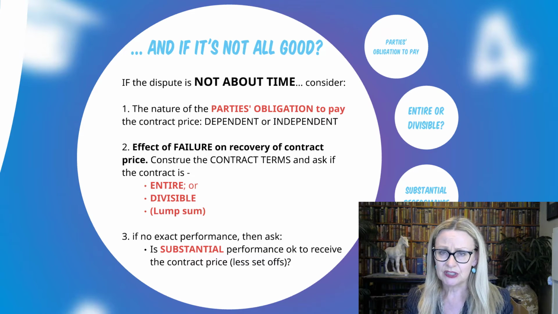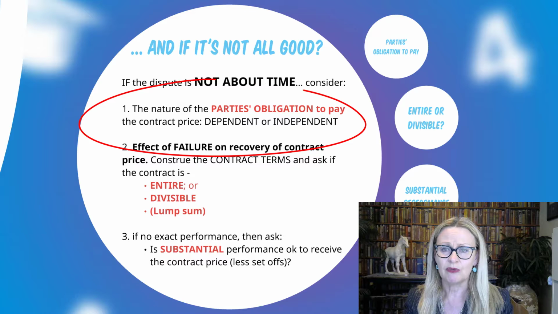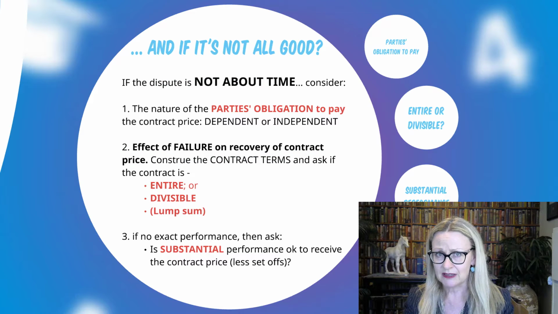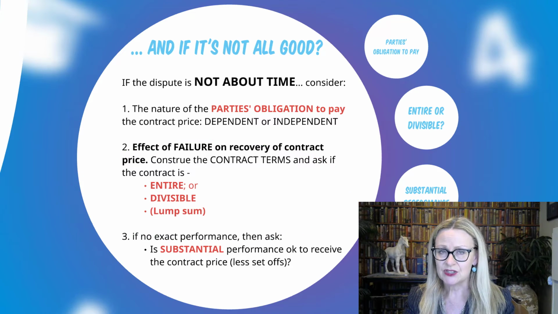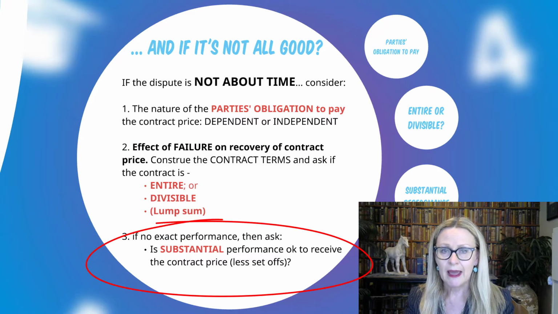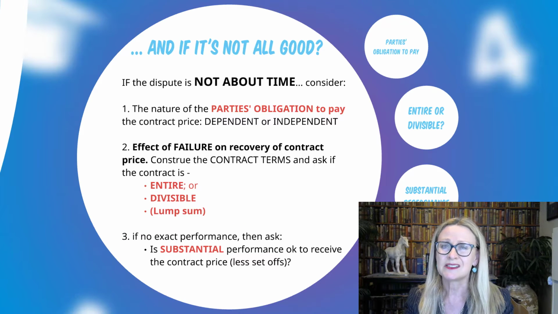The first thing that you need to look at is the nature of the party's obligation to pay. The next thing you need to look at is the contract itself. The last thing you need to look at is how exactly the party has performed and whether it might be substantial enough to get paid.